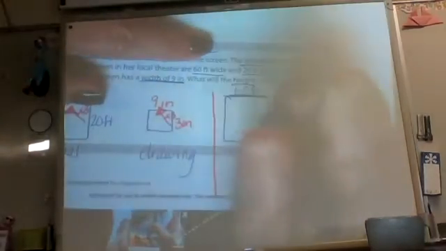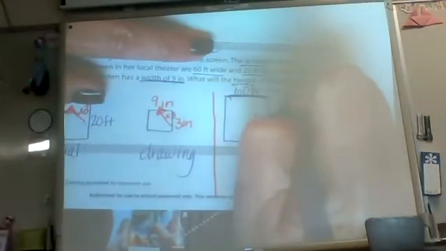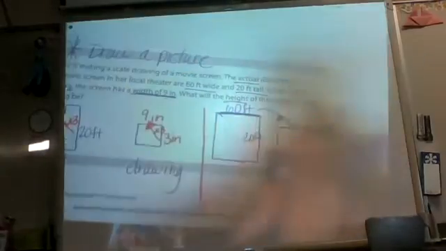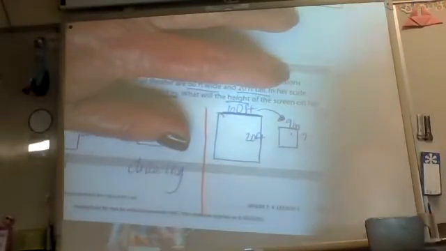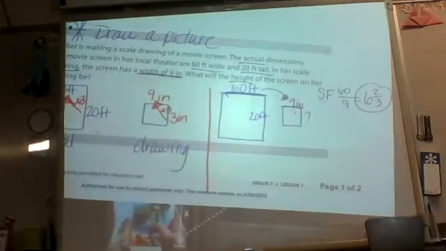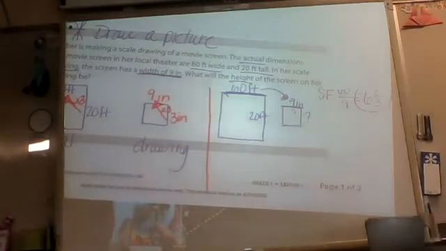Basically you're asking, what do I do to 60 to get 9? To figure that out, we divide. So 60 divided by 9 comes out to be 6 2/3. That is my scale factor.